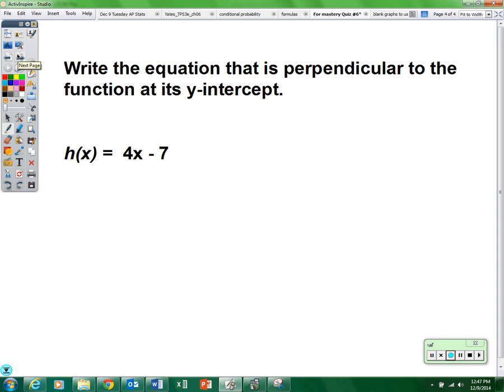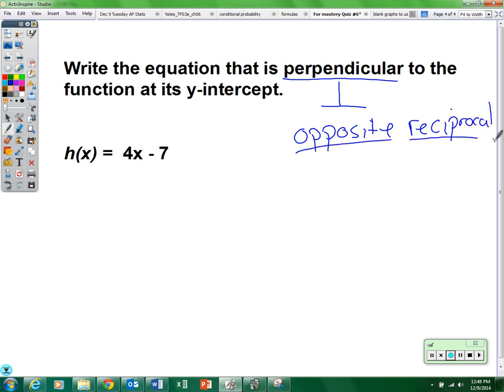All right, and the last one, write the equation that is perpendicular to the function at its y-intercept. Well, remember, perpendicular slopes have opposite reciprocals, or opposite reciprocal.